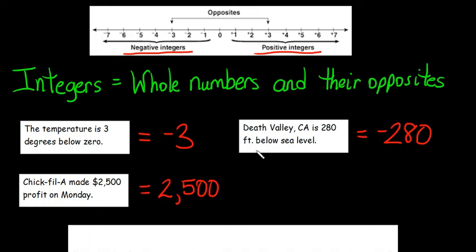If I said Death Valley, California is 280 feet below sea level, that would be below 0 going in the left direction on the number line. That would be -280 feet. If I said Chick-fil-A made $2,500 profit on Monday, that would be above 0, so that's a positive number, 2,500. So we will start working with these and knowing how to write them.